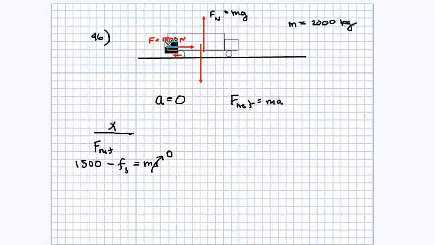Part D, now we got a new situation. Now we're going to up our force from 1500 to 2500 newtons. And it says it just gets the truck to move. That means we're on the verge of slipping, on the verge of movement. So we can go to our static friction equation.